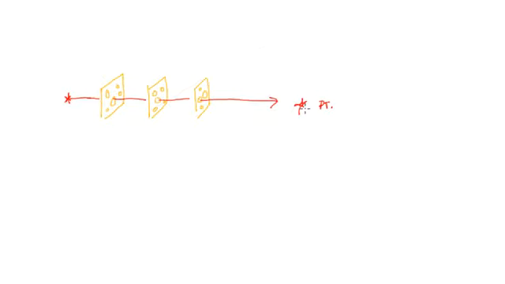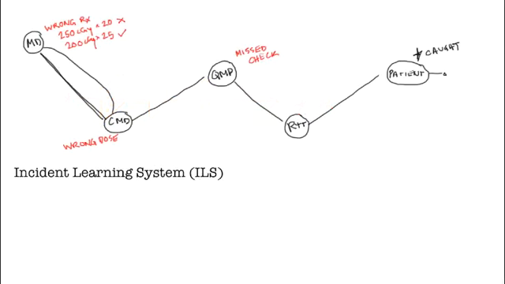So that's the theory. Going back to this event scenario, this is all really part of a larger system of incident learning, an incident learning system where you go through events like this and look at them. So the first step is reporting an event when it happens somewhere. It's either an incident or a near miss.